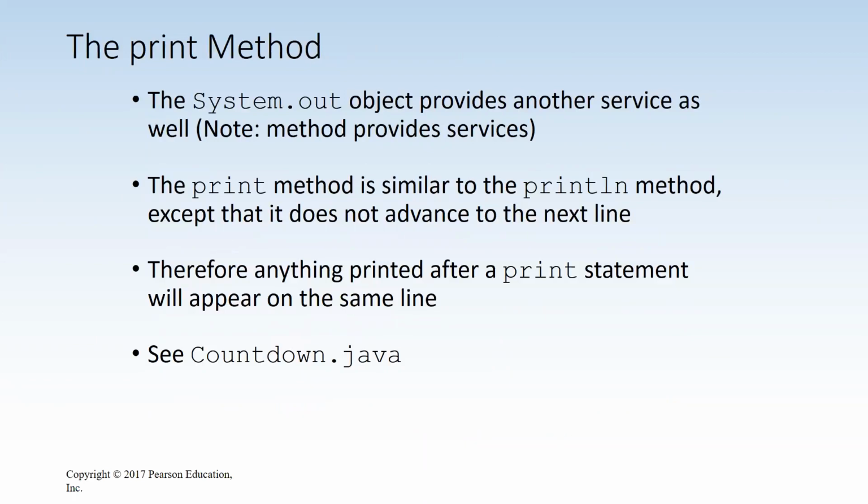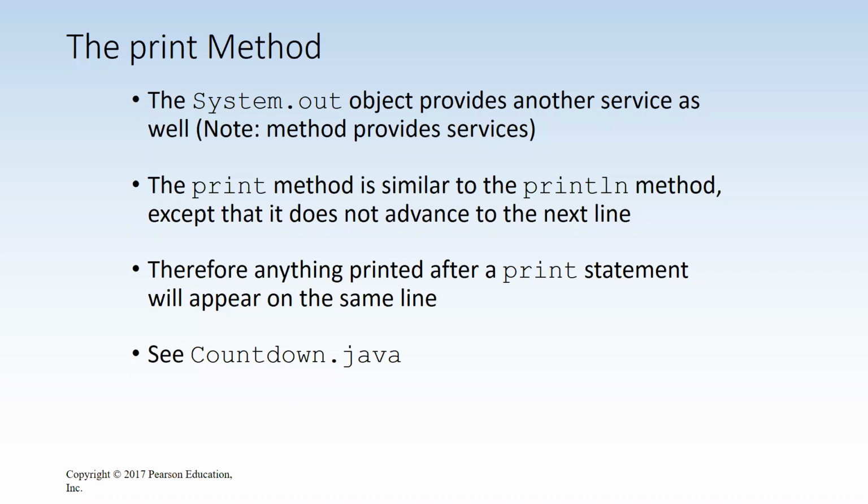And we discussed this last time, the print and print line methods. Do you remember what the difference is? Print line skips a line. Print just gives you a single line. Everything's written on that line. Print line will give you a new line character. And print doesn't.